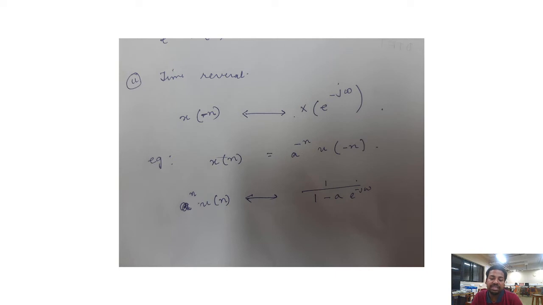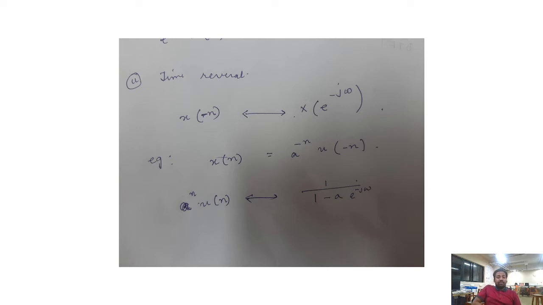Now the problem that we have in our case is x of n equal to a to the power of minus n u of minus n. So just applying, if we remember, the Fourier transform for the signal a to the power of n u of n is 1 divided by 1 minus a into e to the power of minus j omega.